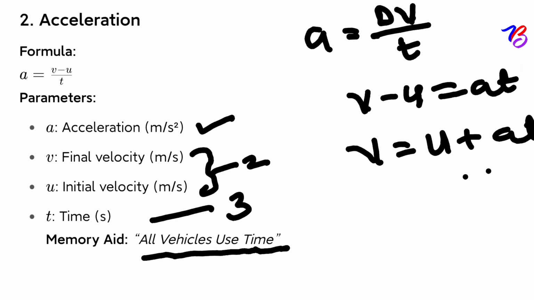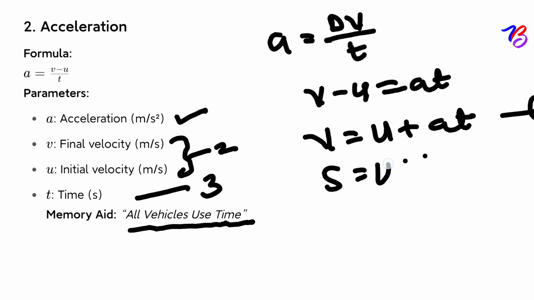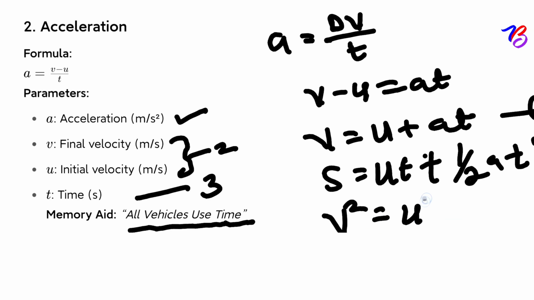AT, first equation. And of course, we know that our second equation is what? S is equal to what? UT plus what? 1 over 2 AT squared. And our third equation is V squared is equal to U squared plus 2AS.